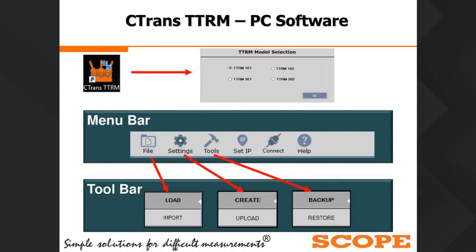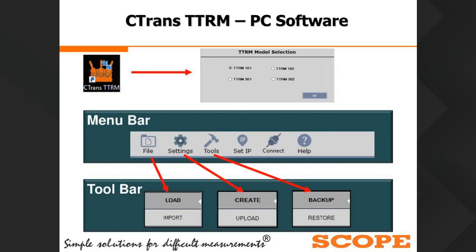Also, if you see the PC software, we have an inbuilt facility where we can save and record, and upload the results through the PC for data downloading and report generation. We can connect the instrument through the Ethernet port directly to the laptop or PC. Here you can see on the front screen we will get a TTRM model selection. All the models we will get, after that we need to select a model.